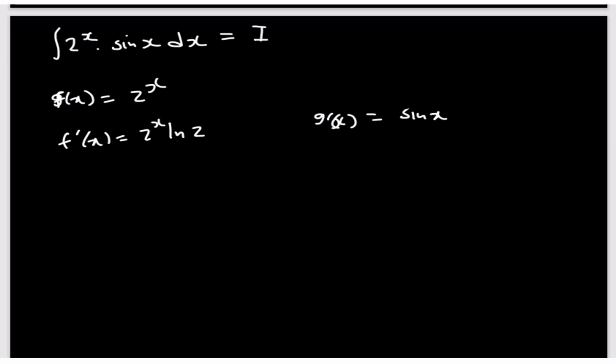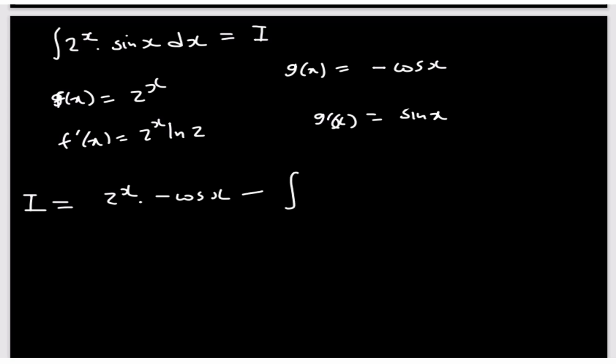The integral of sine is negative cos. Now, for the answer, you put I because I'm solving for I, right? So I equals f of x times g of x minus the integral of f prime of x times g of x dx.